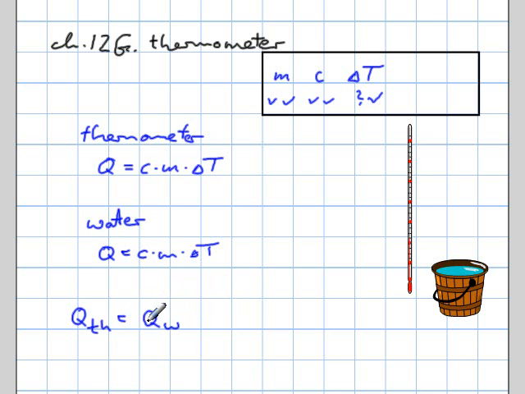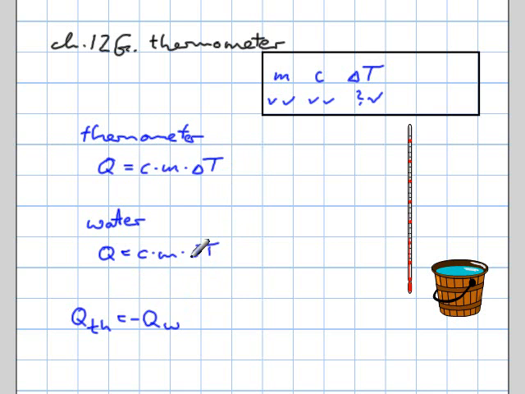And technically this one here should be negative and this one here should be positive. I think I can write this by saying that this one here, the heat flow, is negative, so I put another negative in front of it to make this one positive for the thermometer. We can say it that way because this delta T is a temperature increase, so the whole thing is going to be positive.